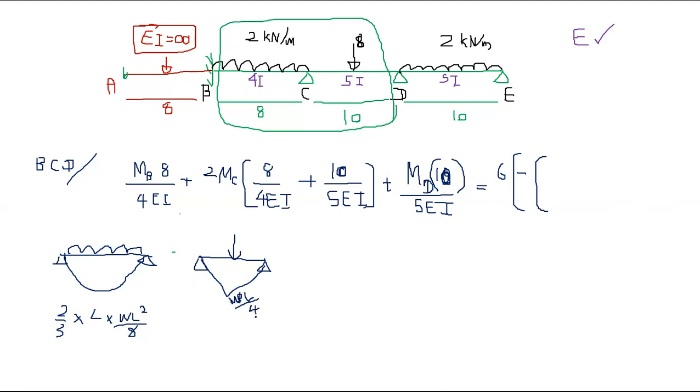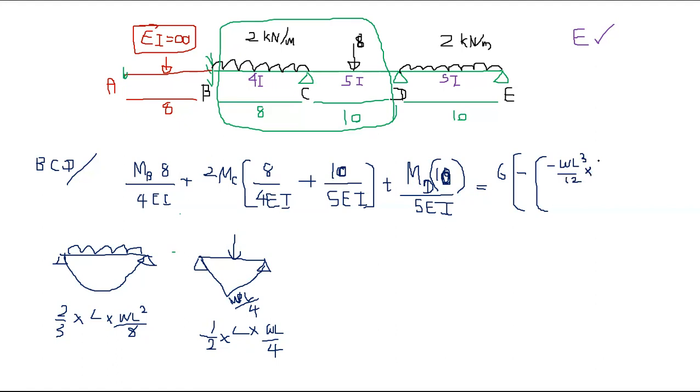So that's a triangle. So the area is half L into WL by 4, right? So that gives you WL squared over 8. This will give you WL cube over 2L, right? So the area is WL cube over 2L.